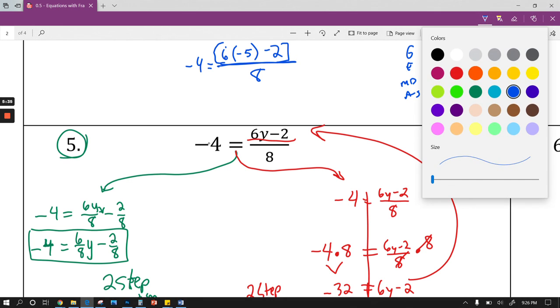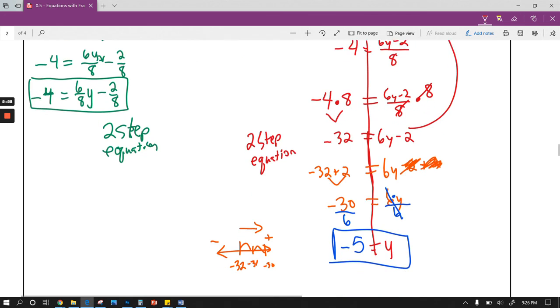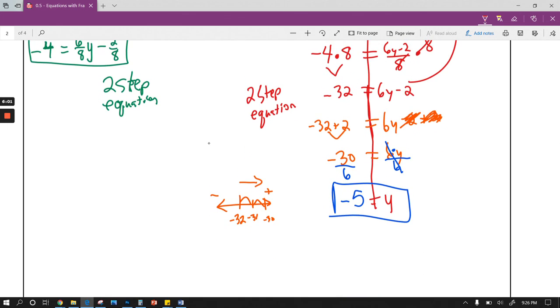So 6 times -5 is -30 minus 2 divided by 8. Does that equal -4? -30 minus 2 is -32 divided by 8. Does that equal -4? It sure does, which means we have the correct answer.